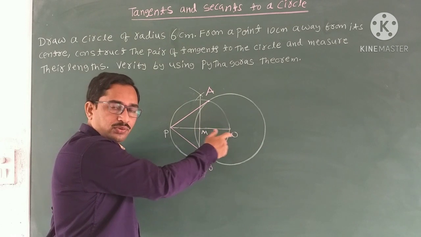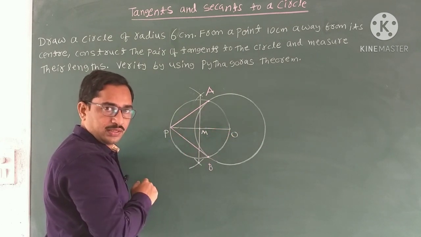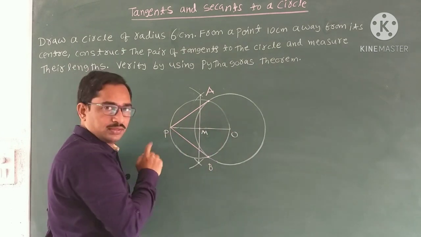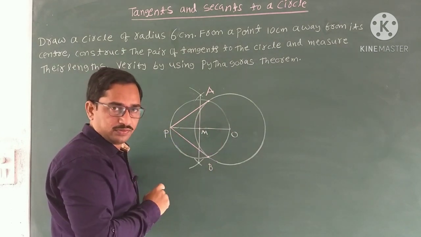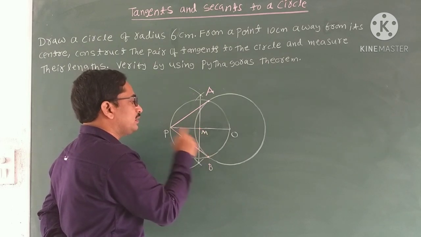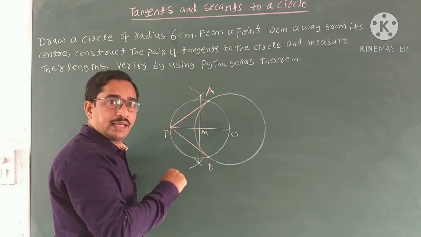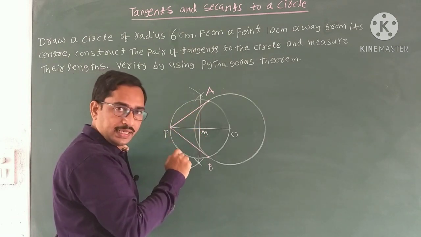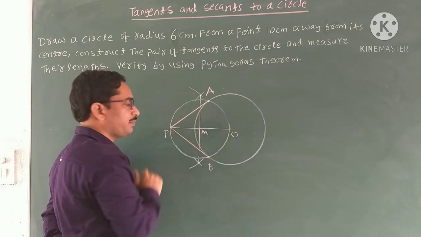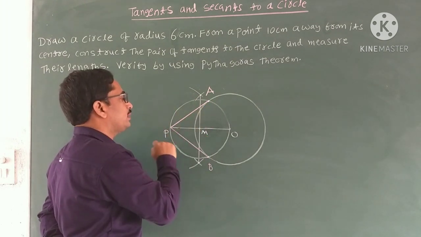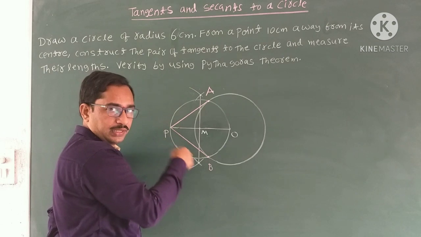Next join O and P. Next draw a perpendicular bisector of OP, and locate the point of intersection as M. Next draw a circle with center M and radius either OM or PM. Both are the same.